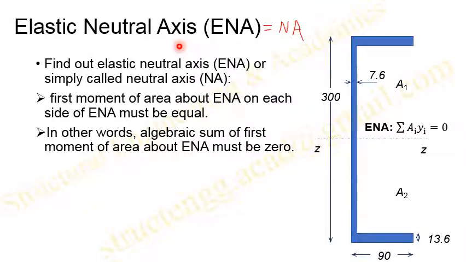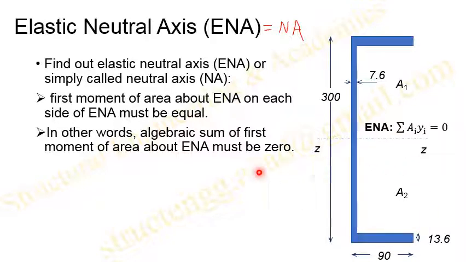To find it out, there are two ways which are more or less the same, but the representation is different. We can say that the first moment of area about the elastic neutral axis on each side of ENA must be equal. So if I take, let us say, this ZZ as the elastic neutral axis, the first moment of area of the upper side and of the lower side will be equal.